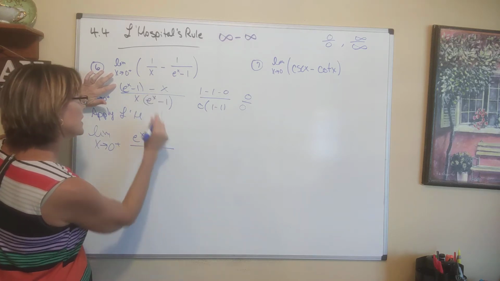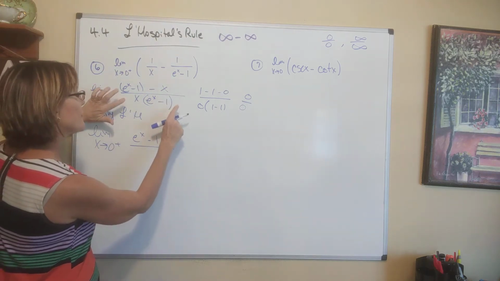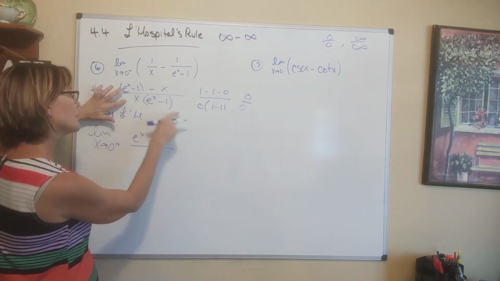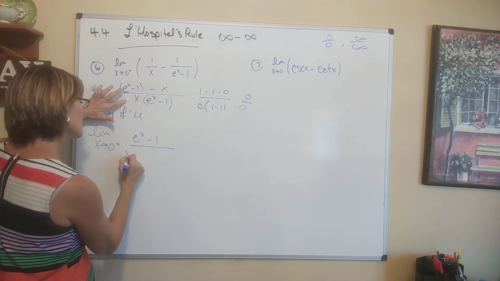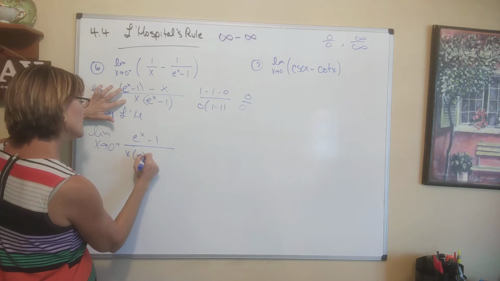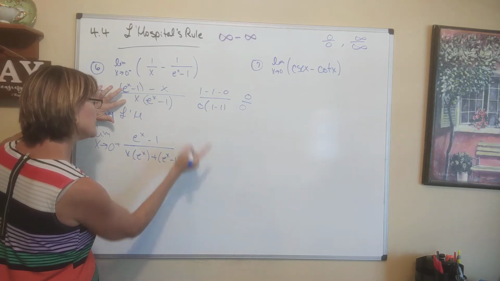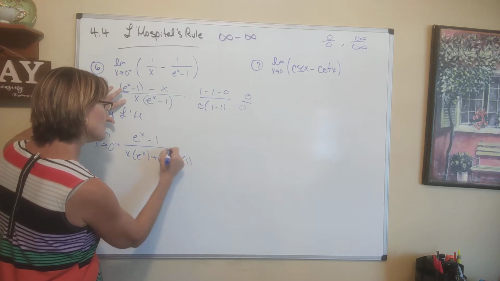This is what I get when I take the derivative of this top function over the derivative of the bottom function. Well, this is a product, so it's first times the derivative of e to the x minus 1, which is just e to the x, plus second, e to the x minus 1 times the derivative of the first, which is just a 1.